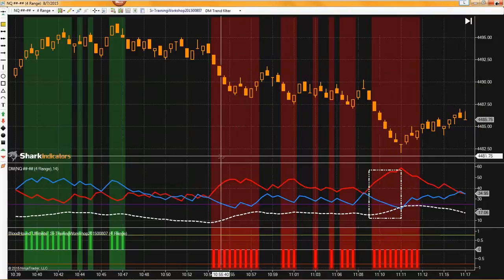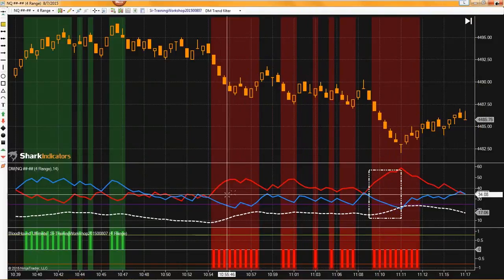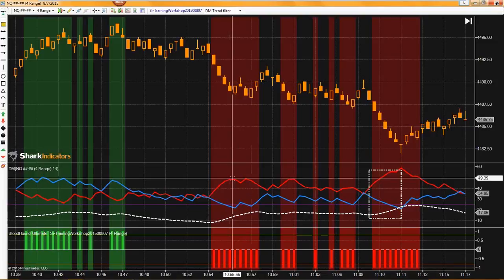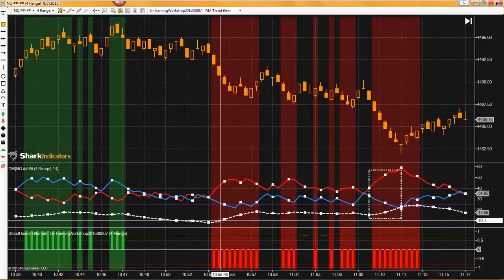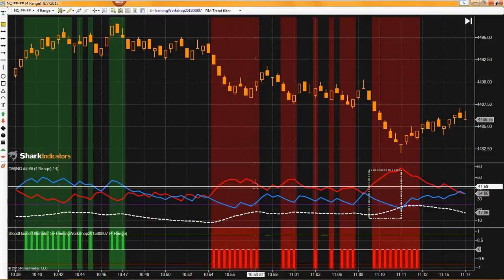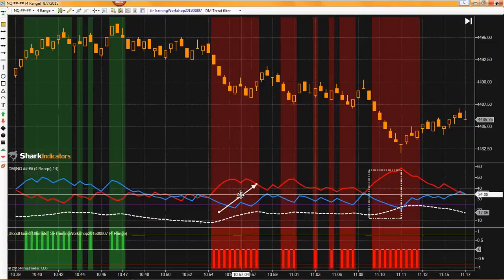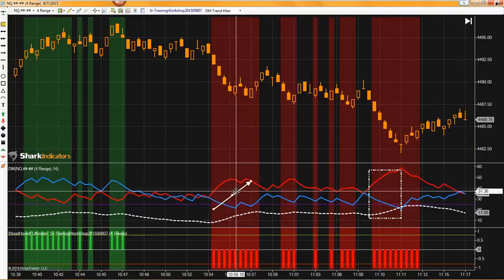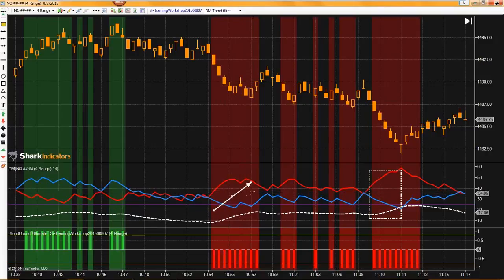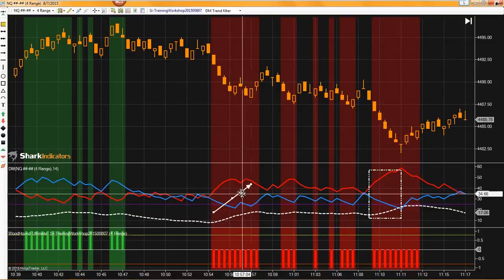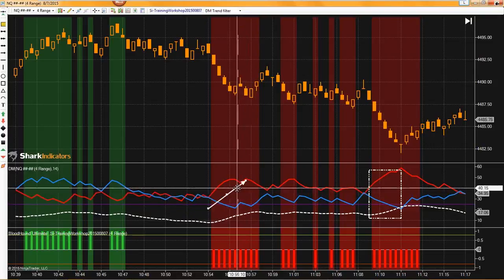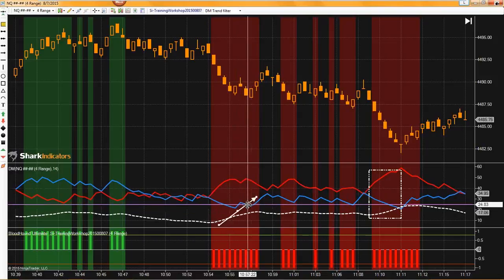So far we can see when we have a strong trend identified by the ADX. Let me get an arrow. Even when the DIs are sloping towards each other, we're still getting a strong trend. But if we want to identify the strong trend, then we need to eliminate when the DIs are sloping towards each other.